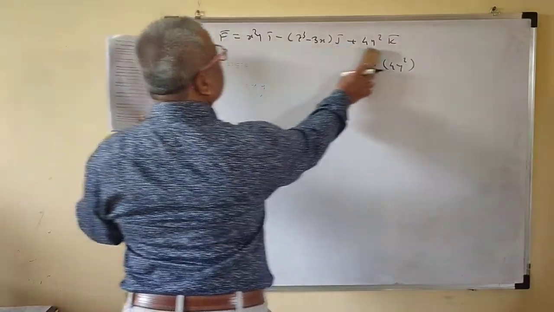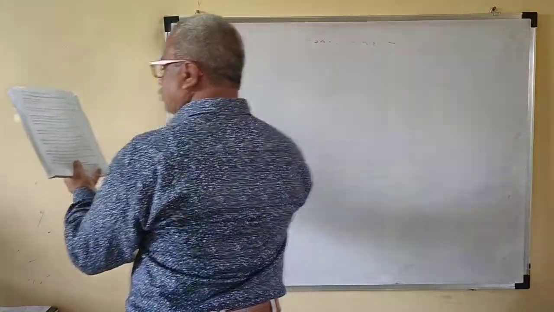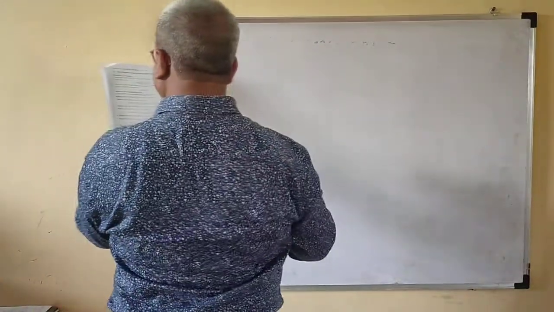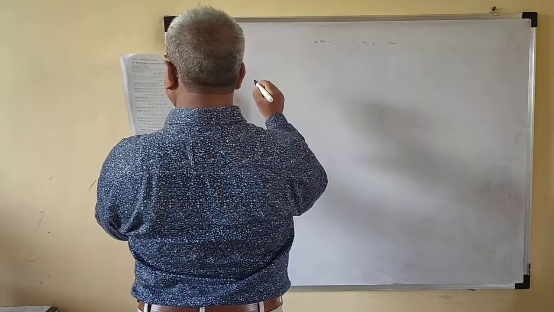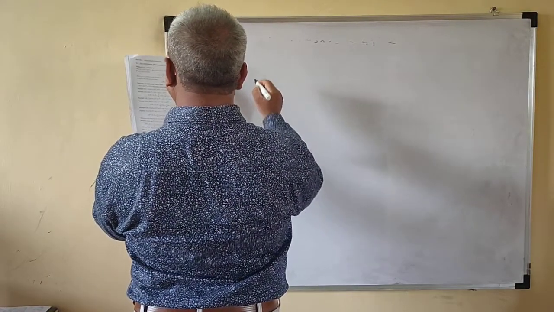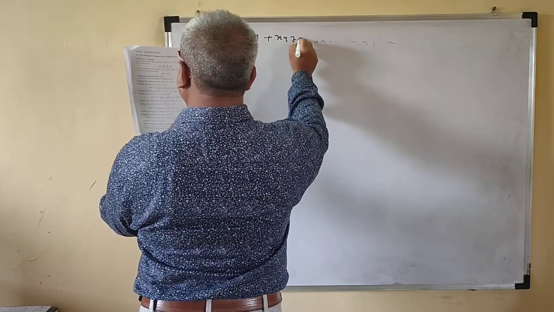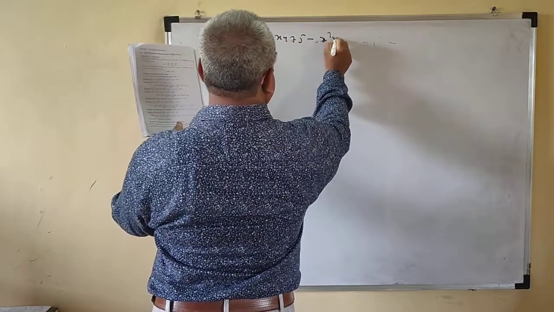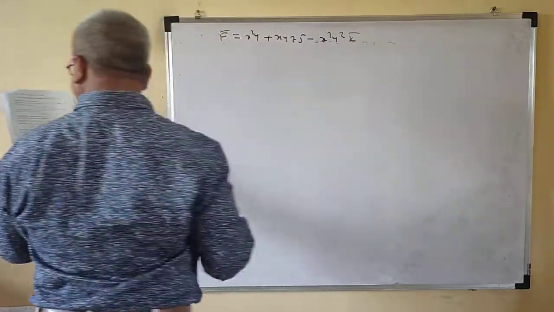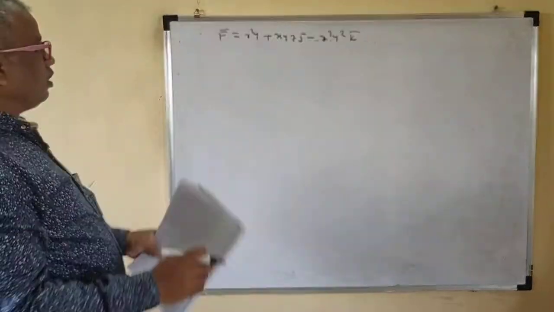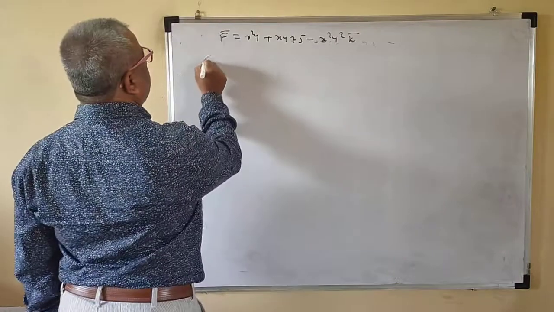Next, if f bar is x square y i bar plus xyz j bar minus x square y square k bar, find the divergence.